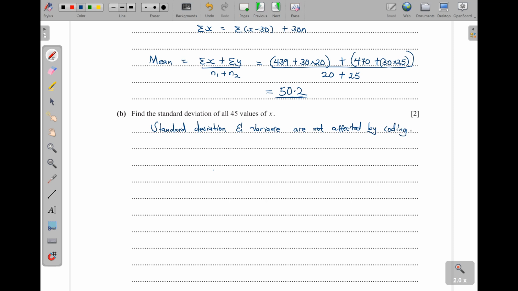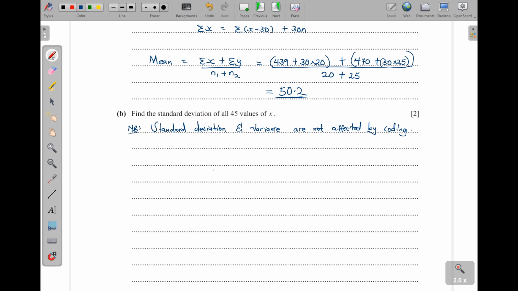I can prove this, but we don't have time, and it is not actually required in the Cambridge curriculum to prove or even outline these properties. But whether you subtract values or you don't subtract values on these data points, the standard deviation and the variance will always remain the same.